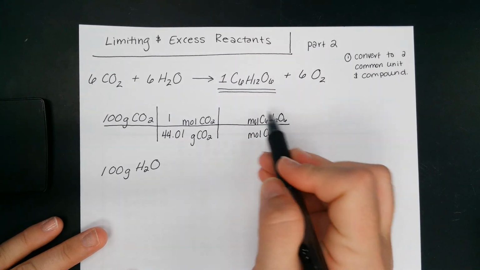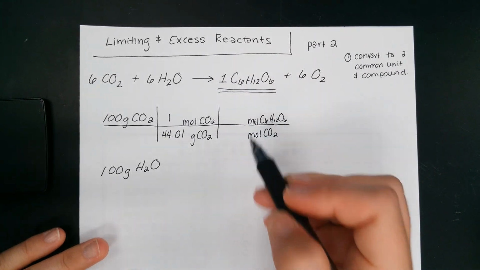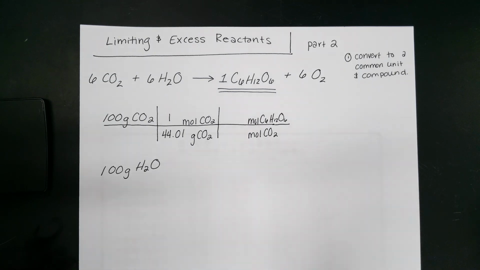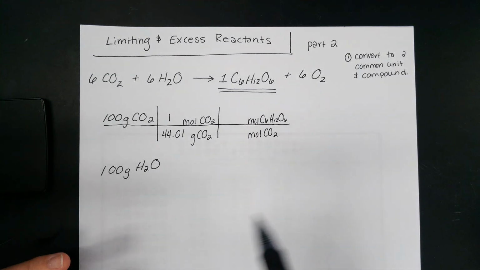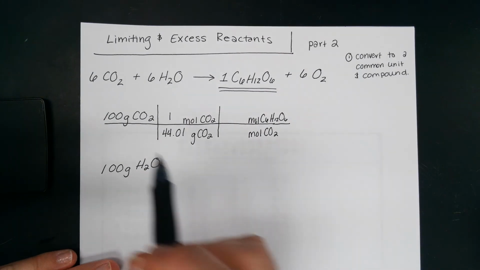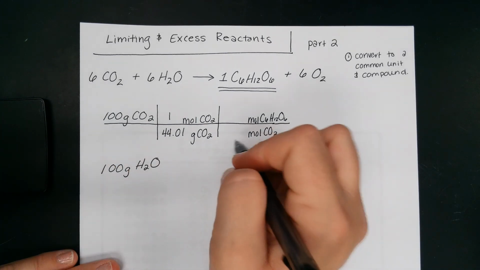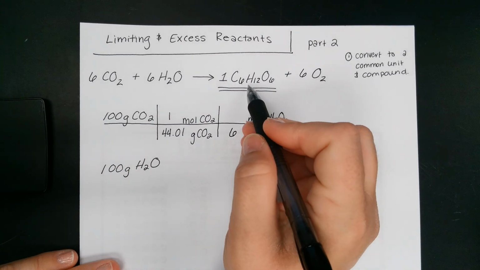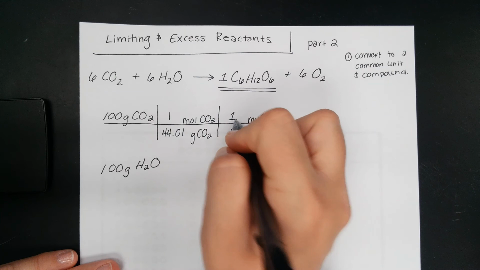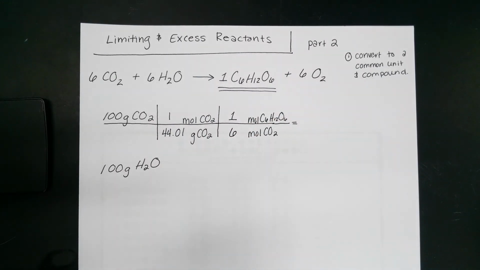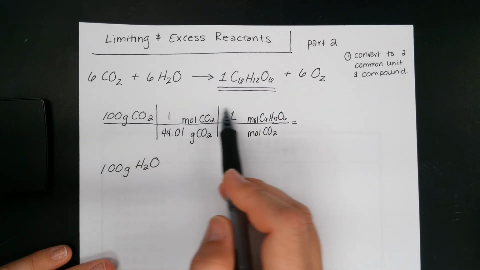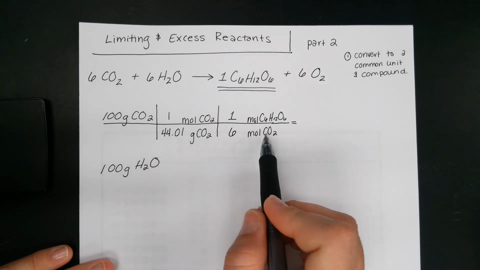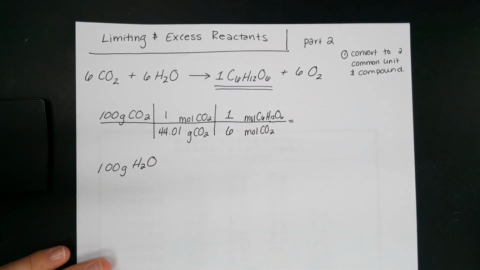Keep in mind that this was that special step that we talked about in stoichiometry, that mole to mole. So anytime you see mole over mole, you look to the equation to get those numbers. So next to CO2, we see the number 6. And next to glucose, we see the number 1. So plug it in to get our answer. So multiply everything on the top, multiply everything on the bottom, divide the 2.